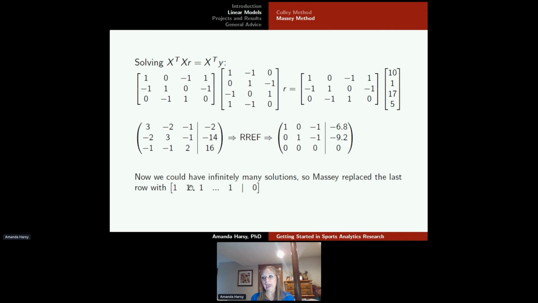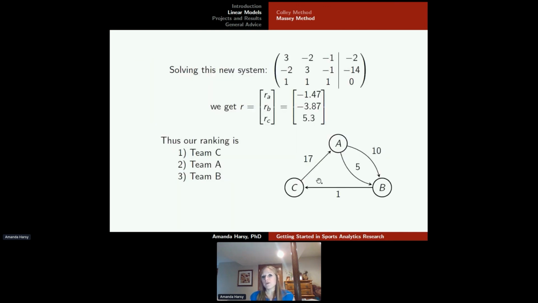Now you can pick any type of row here as long as it's not in the span of the other rows, but I like this one, and this is what is traditionally used. So when we do that, we now get a new system which has one solution, and we do the same thing that we did with Colley, and we put them in order depending on their rating value. So in this case, the ranking is C, A, and B.